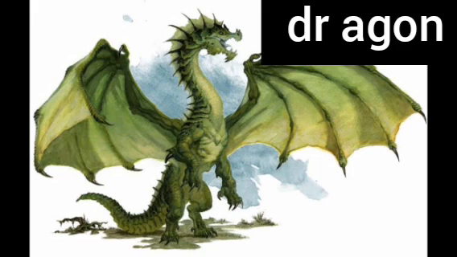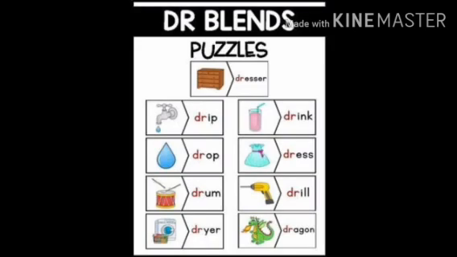Now we can see some more blends that are starting with DR. Drip. Water is falling one by one. The water is dripping. D-R-I-P, drip. Dresser. D-R-E-S-S-E-R, dresser. Drop. D-R-O-P, drop. Drum. D-R-U-M, drum.